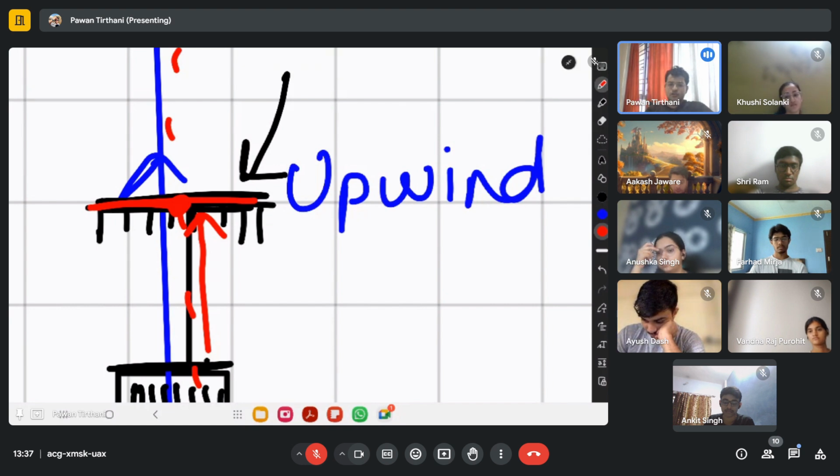Now, these are the close-ups of the antenna. Now, I want you to look at the antennas over here. Look at this.